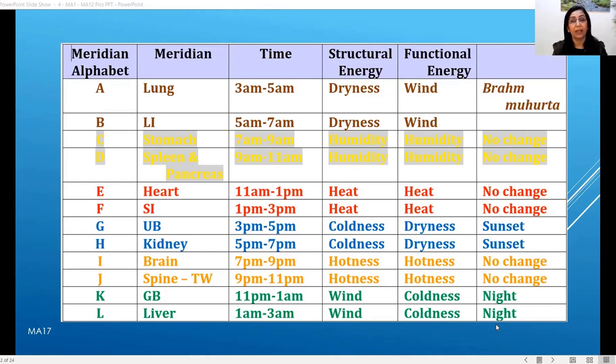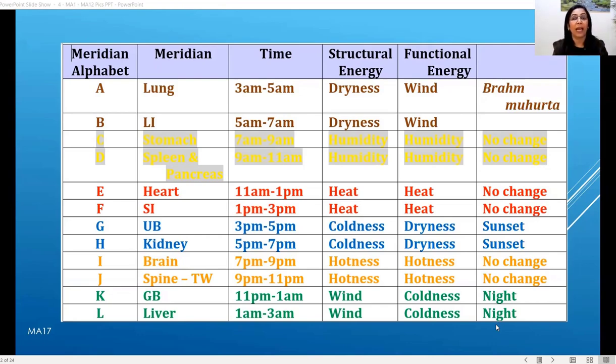This means that in order to treat wind diseases, we can treat on the liver and gallbladder meridians structurally, and on the lung and large intestine meridians functionally. This is a concept which we will be using to do energy healing for a lot of diseases in my future course. But I wanted to introduce it here so that you keep these terms in mind.